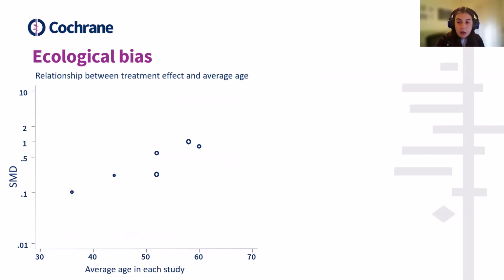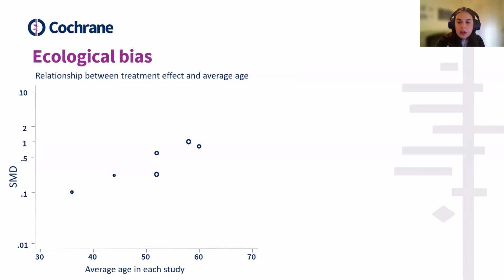So this plot is an example of ecological bias. In this graph, each point is a study. So the x-axis corresponds to the study's average covariate, which in our case is the average age in each study. And the y-axis in this graph corresponds to the study's overall treatment effect. In our case, this is measured with SMD.